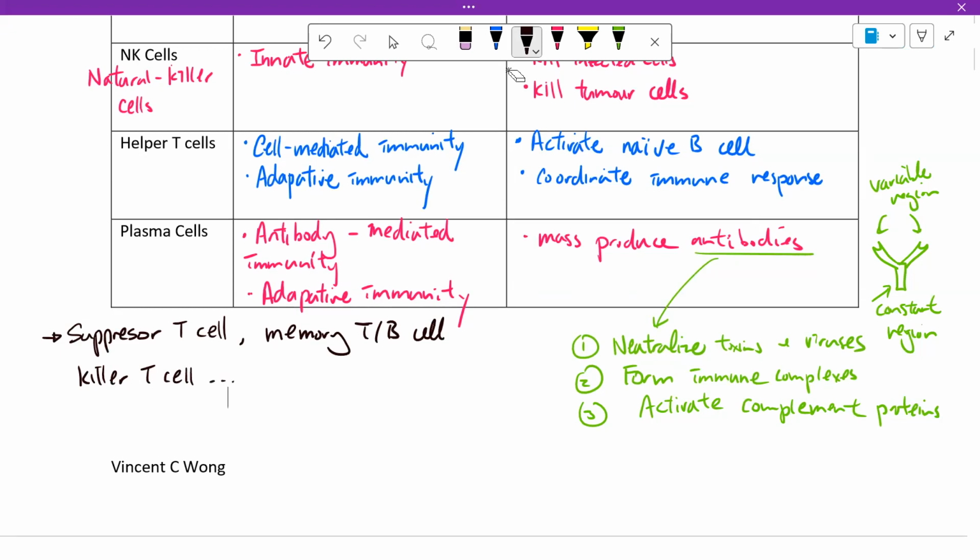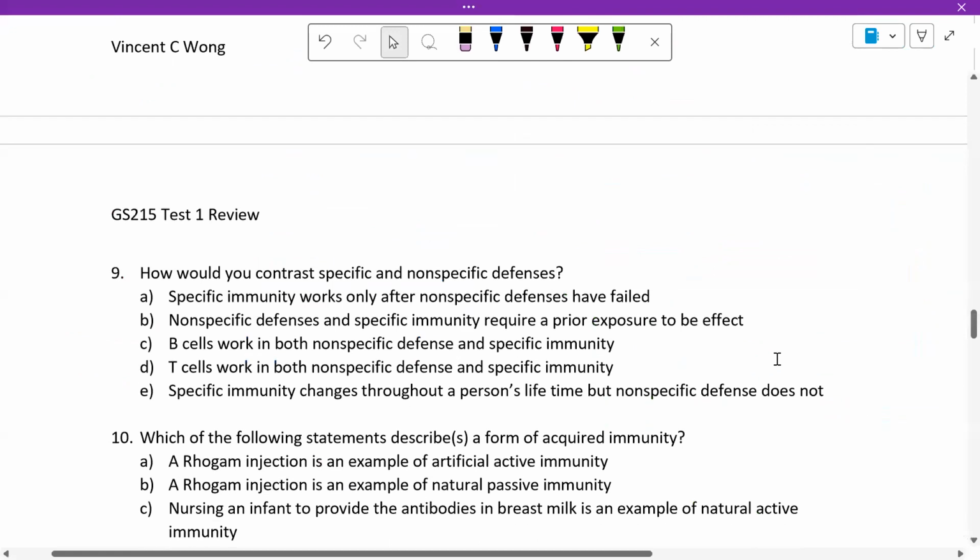So make sure you go through these ones as well. Are there other cells that we talked about that are not on this list? Did I miss anything? I think that's a pretty exhaustive list there. Obviously go through it yourself, add more if you need to.